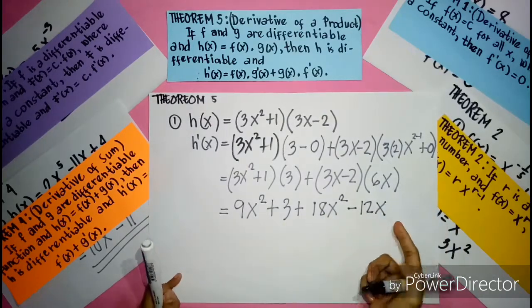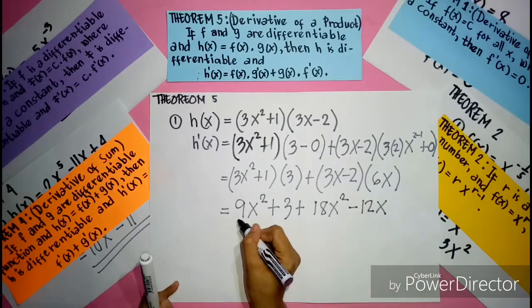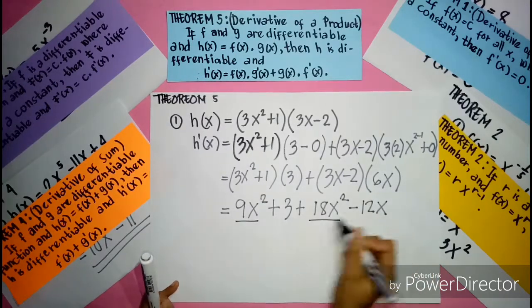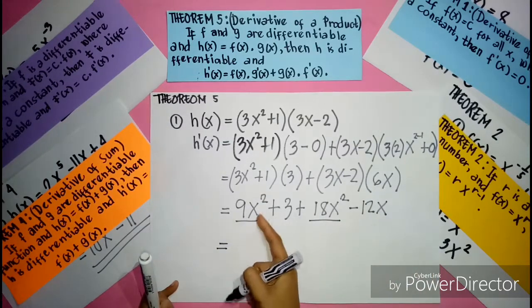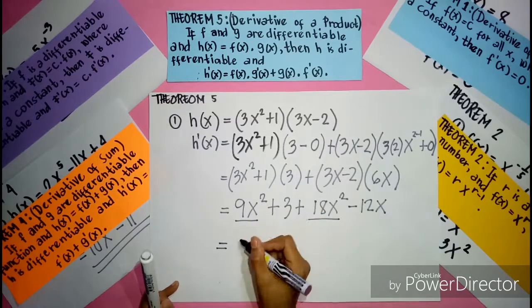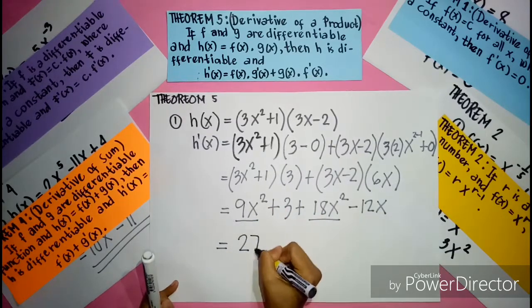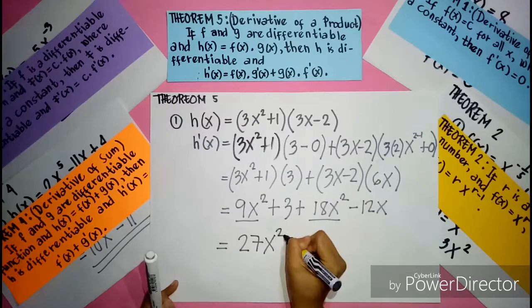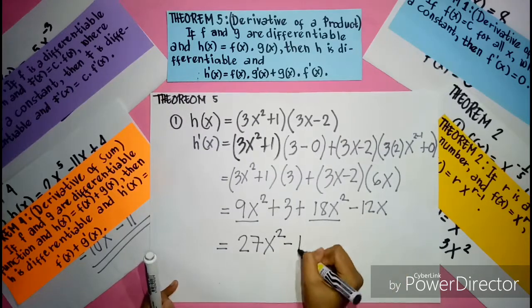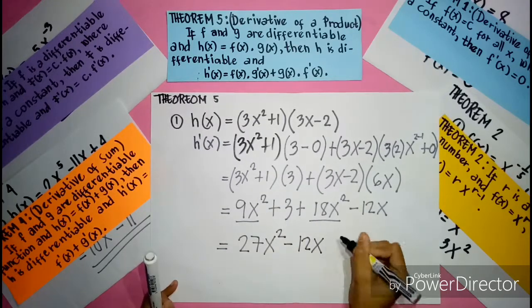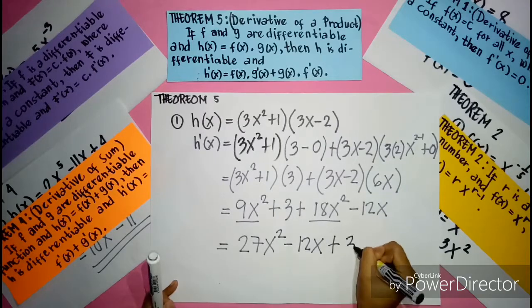So in this case, we are going to add the like terms. So we have 9x squared plus 18x squared is 27x squared. Then negative 12x plus 3.